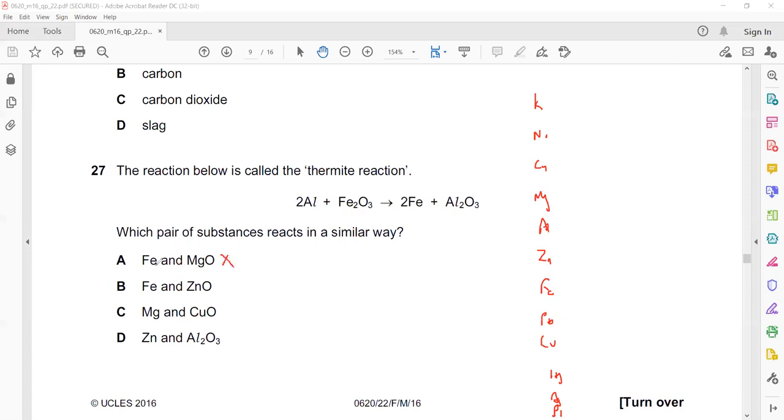Why will it not occur? Because iron is less reactive. Iron with zinc, again iron is less reactive, so it cannot displace. Magnesium with copper oxide, magnesium is more reactive and copper is less reactive, so it can displace. Zinc and aluminium, zinc is less reactive than aluminium, so it cannot displace. So always the more reactive metal displaces the less reactive from its compound.